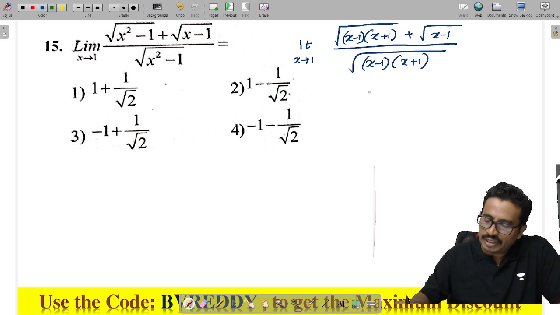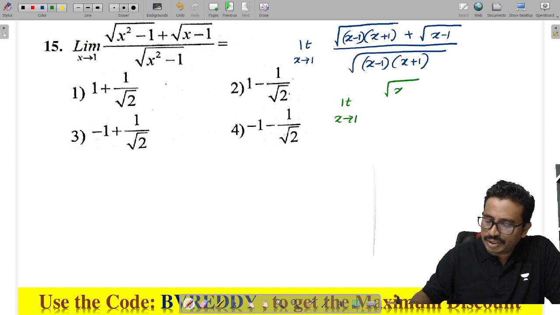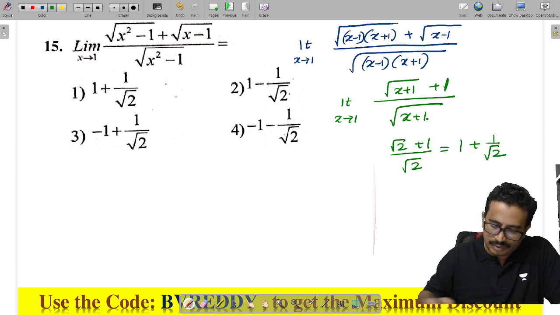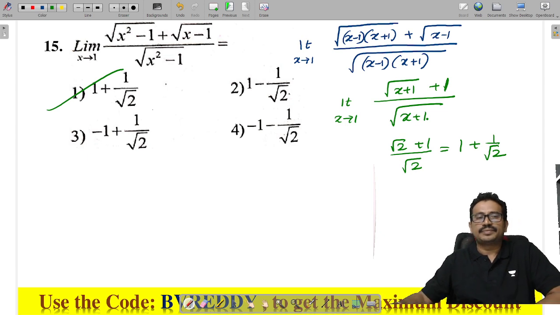Now if I take x minus 1 common and cancel it, what we have left is, in the numerator, square root of x plus 1 plus 1, by square root of x plus 1. Now substitute, that is root 2 plus 1 by root 2. So what I will get is 1 plus 1 by root 2. So this is the option.